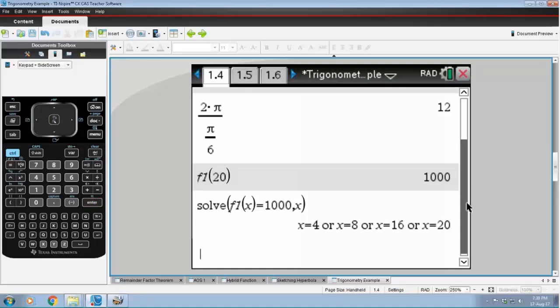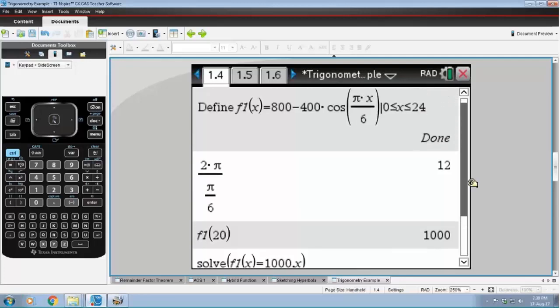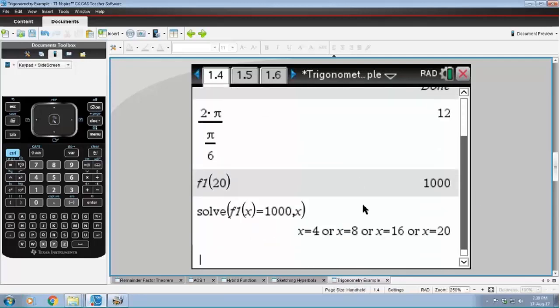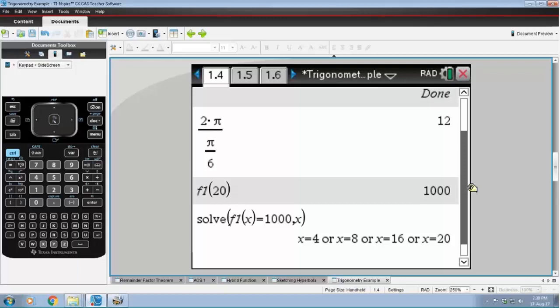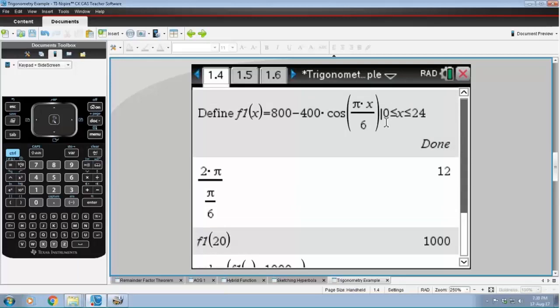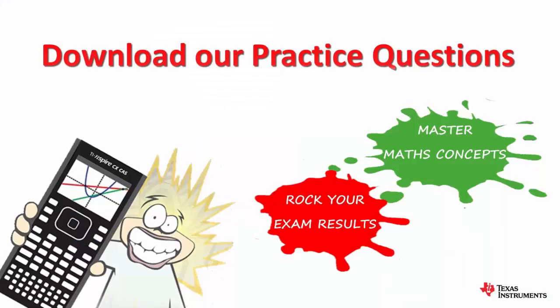So we did it on the graphs page and also on the calculator page. But I think the calculator page shows us the fraction of the time a bit more clearly. Also here, it's important to realise that I've restricted the domain of this question, otherwise we might get some general solutions, and that way we're ensuring that the graph is only showing 2 cycles, because one cycle is 12, so from 0 to 24 was 2 cycles.